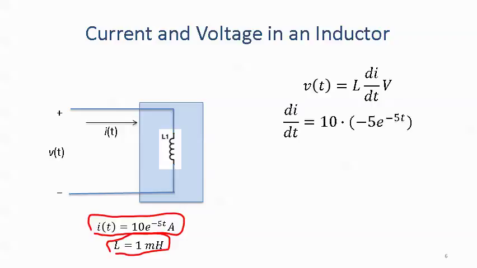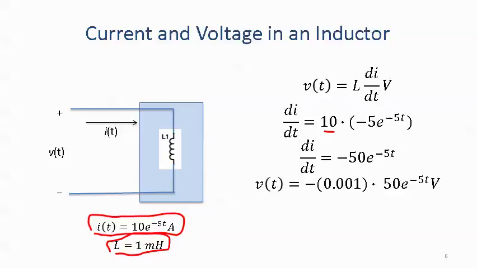So let's take a quick look at that. The derivative of the current with respect to time is going to be 10, our constant, times minus 5e to the minus 5t, which is the derivative. So putting that together, we have minus 50e to the minus 5t.